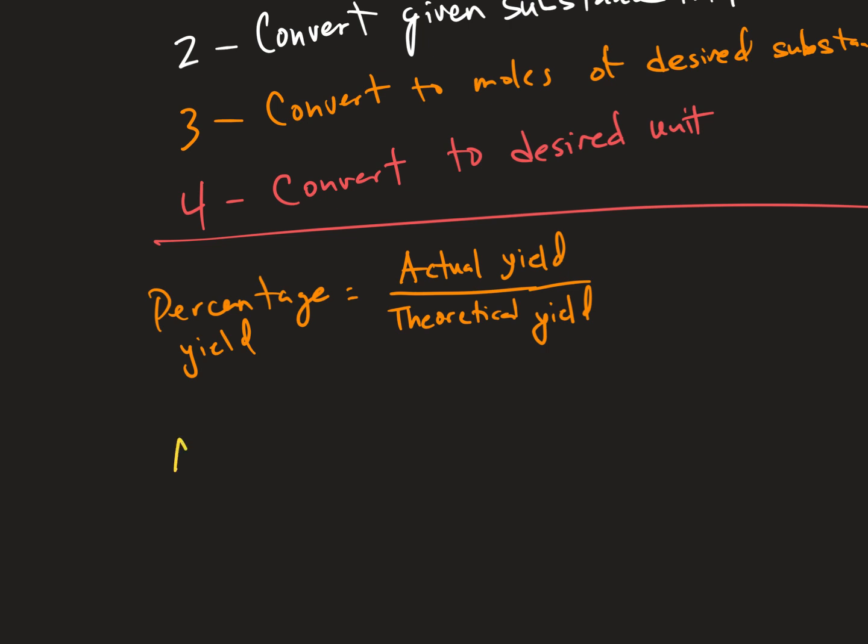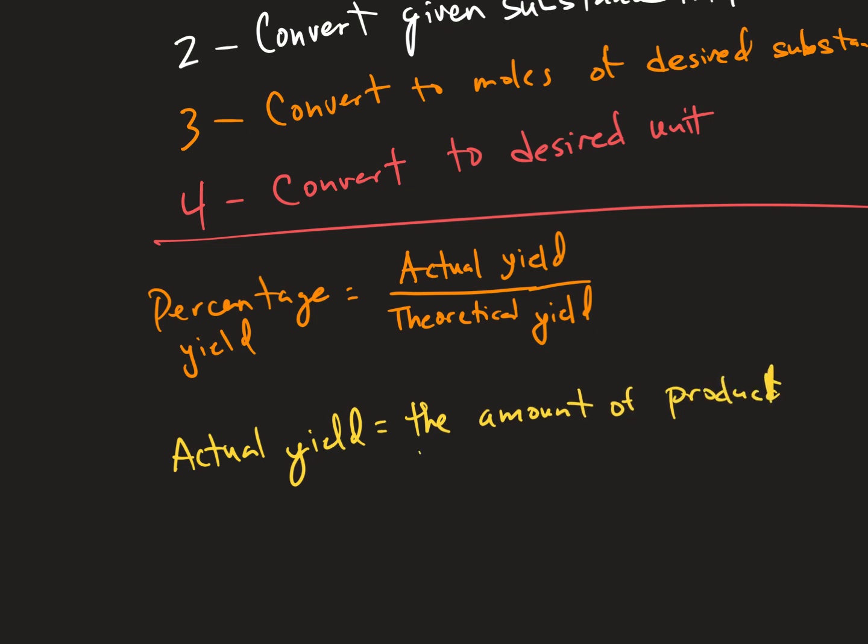Actual yield is the amount of product that actually forms by actually doing it physically, right? And then, how do you find percentage? So we do what we got divided by the total, and then what? Multiply by 100. That's it.